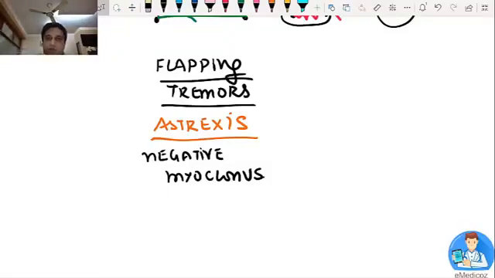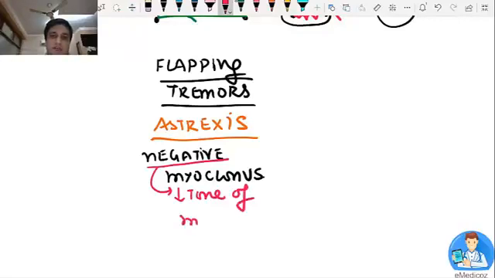So what makes it go down is this: there is a sudden decrease in the tone of the muscles of the hand. Now look at the word negative. The word negative means a sudden decrease in the tone of the muscles which are holding a limb in a particular posture. The word negative came because the tone in the muscle group suddenly decreased. Because in myoclonus, all the time we find there is an increase of the tone. It is always positive, while this is on the other spectrum, negative now for me.